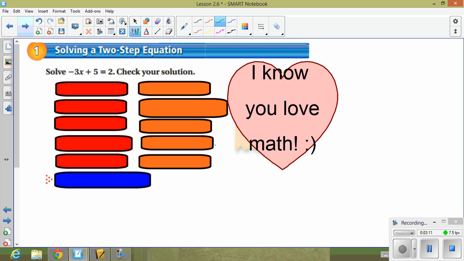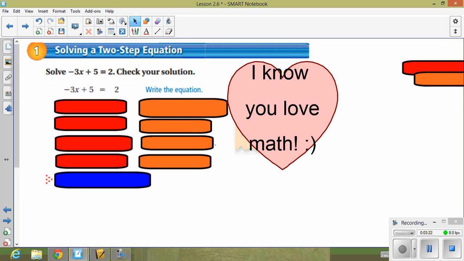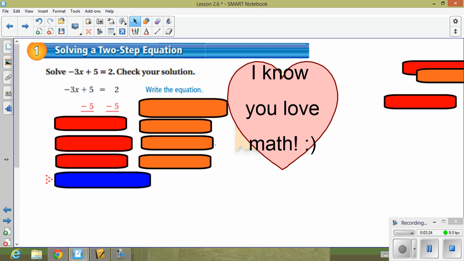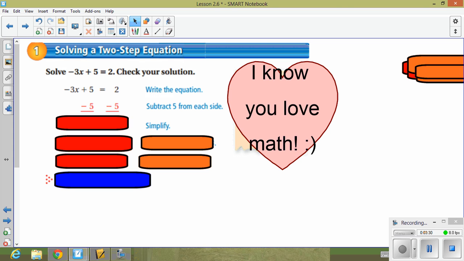Okay, we're going to solve and then check our solution. So, I'm going to take negative 3x plus 5 equals 2. We have the equation. I'm going to subtract 5 from each side. Now I'm going to simplify. I get negative 3x equals negative 3.